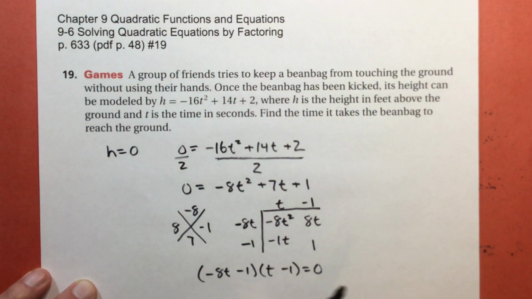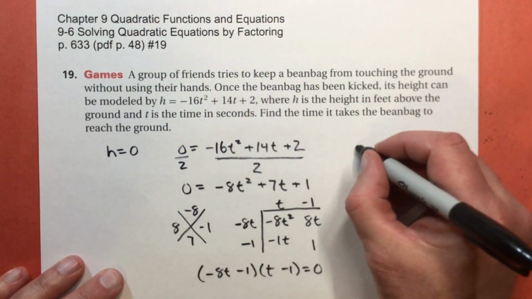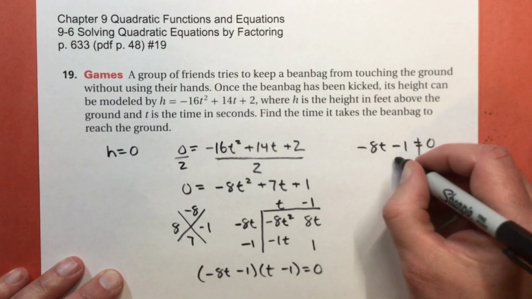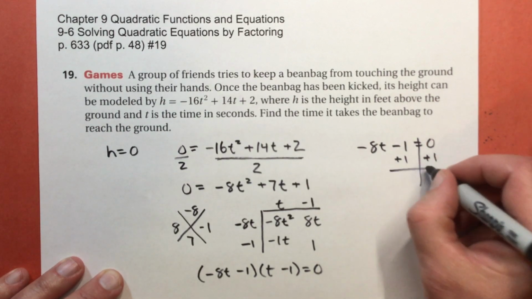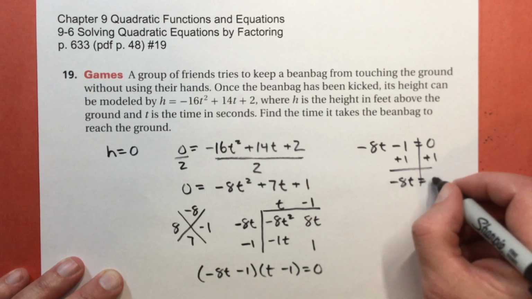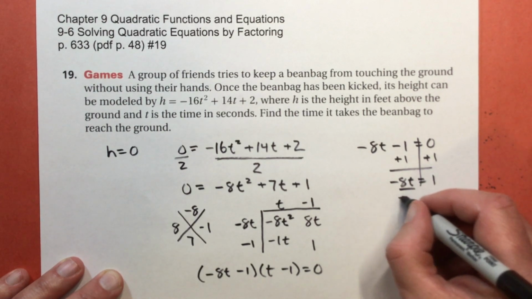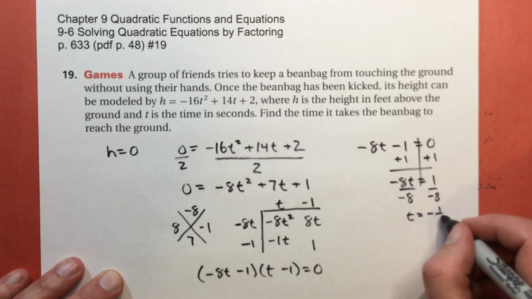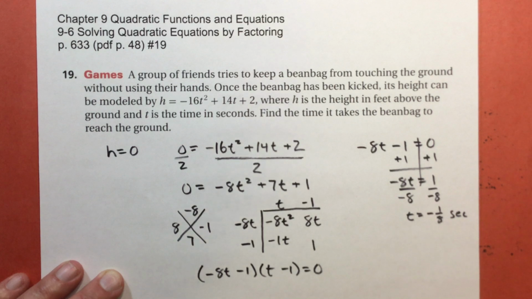I'm running out of room at the bottom, so I'm going to move it up here. Negative 8t subtract 1 equals 0. Add 1, and I get negative 8t equals positive 1. Divide by negative 8, and I get t equals negative 1/8 of a second.